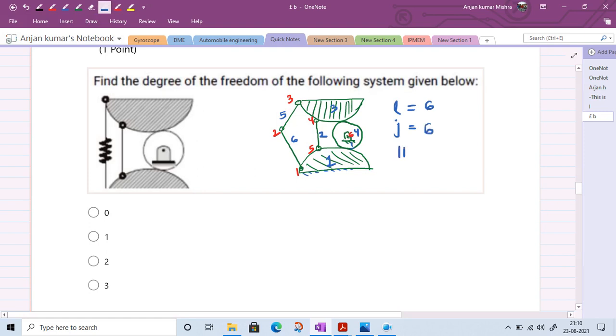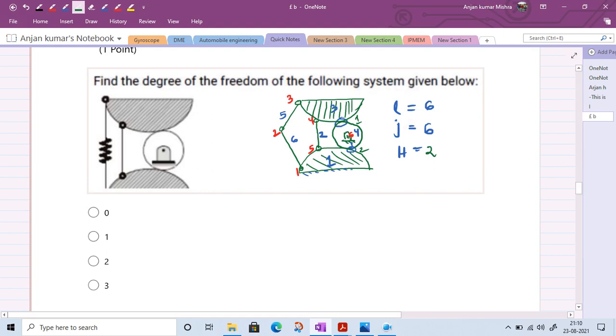Now the number of higher pairs. There is one here and one here. So the higher pairs, this is 1 and this is 2. So the higher pair count is equal to 2 here. Now, is there any redundant degree of freedom?